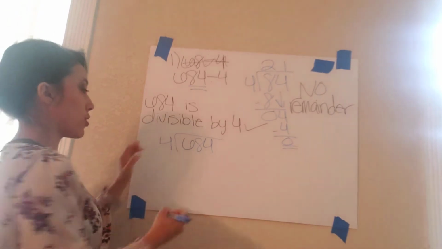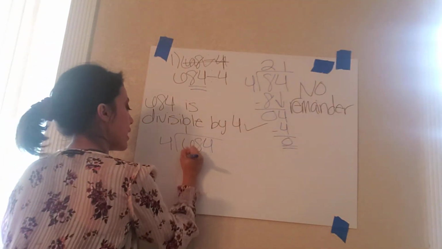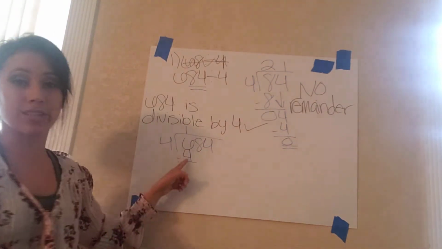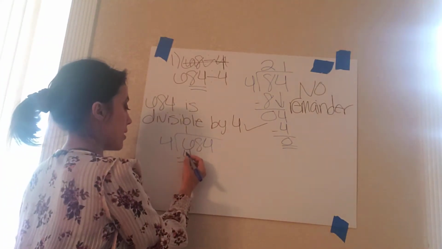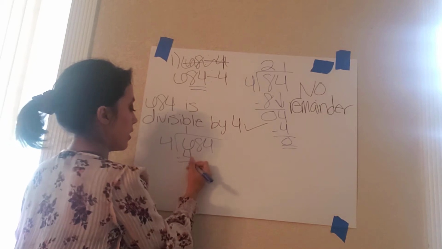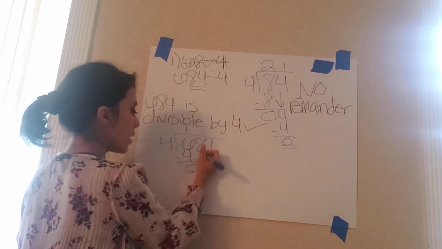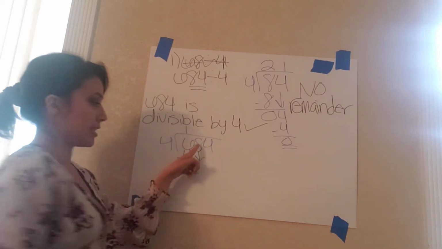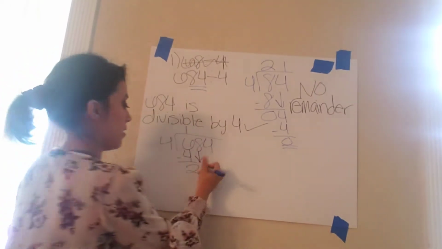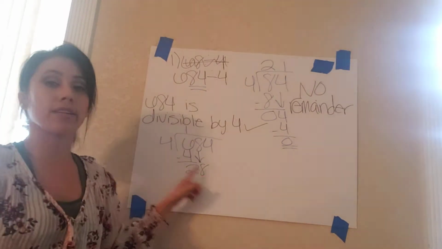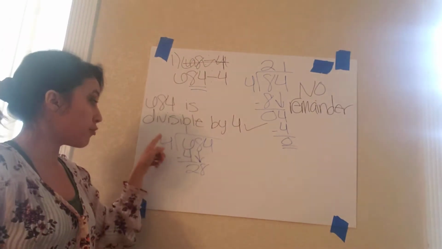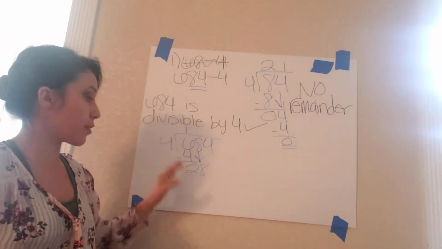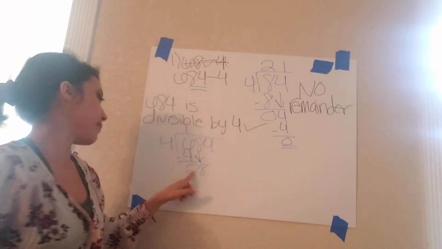We know that 4 times 1 equals 4, and 4 is the closest number to 6. So 6 minus 4 is 2. Now we bring down the tens place, which is the 8. 28. So what is 4 times what number equals 28?